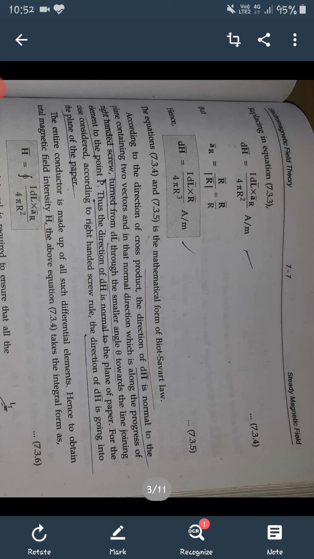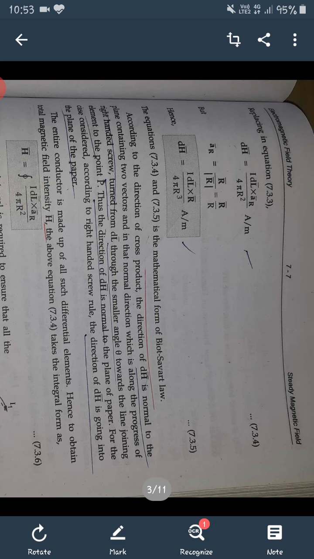Replacing equation 7.3.3, dH vector equal to I dL cross AR by 4 pi R square. So dL sin theta will be written as dL cross AR, I is same, divided by 4 pi R square.